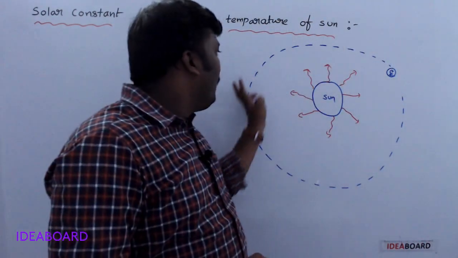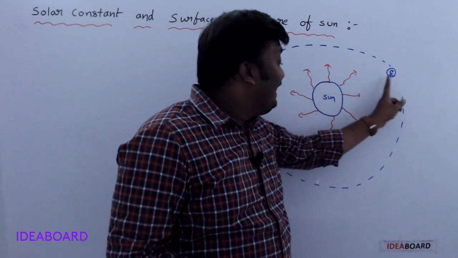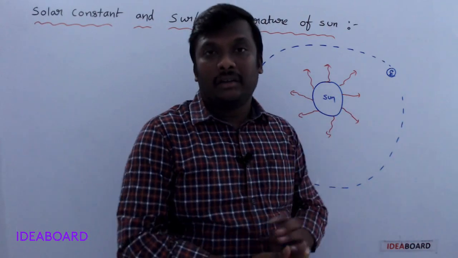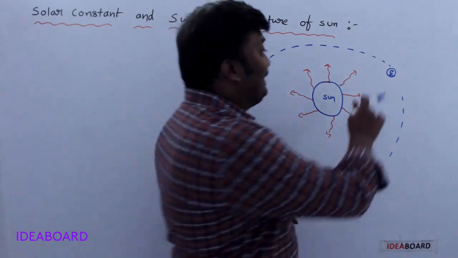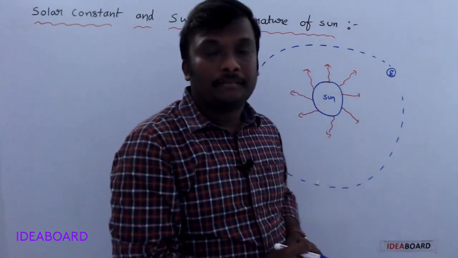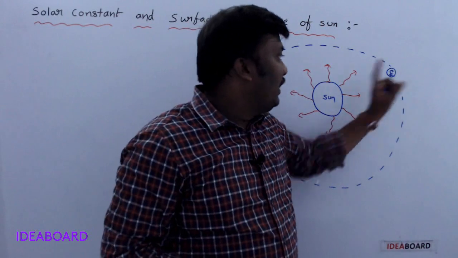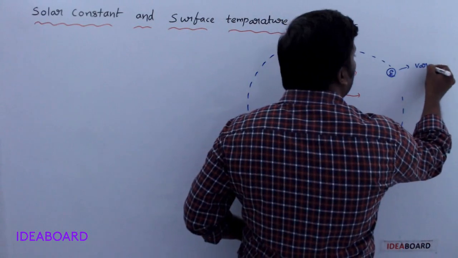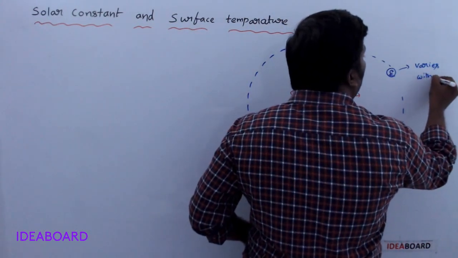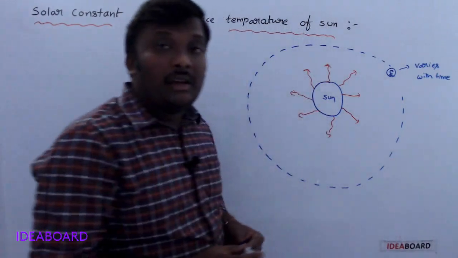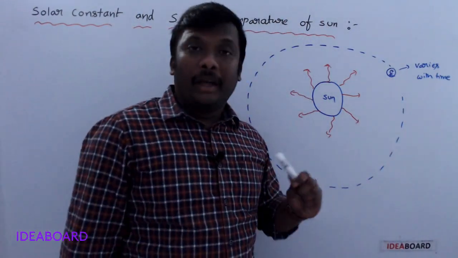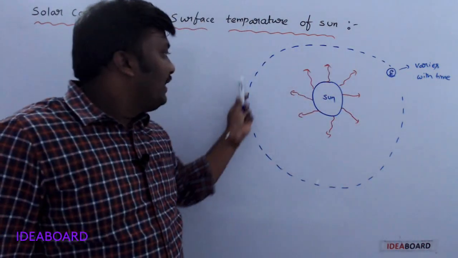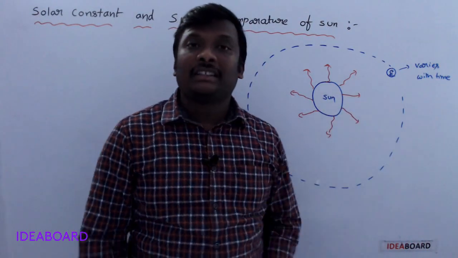Whenever the Earth revolves around the sun, the radiation emitted by the sun is absorbed by the Earth or not? The amount of heat energy absorbed by the Earth per unit area varies with time. Why? Because the Earth is revolving around the sun, which means its position changes with time.